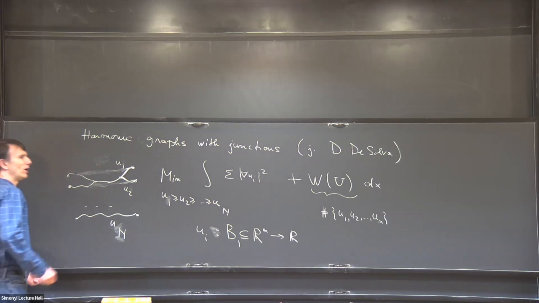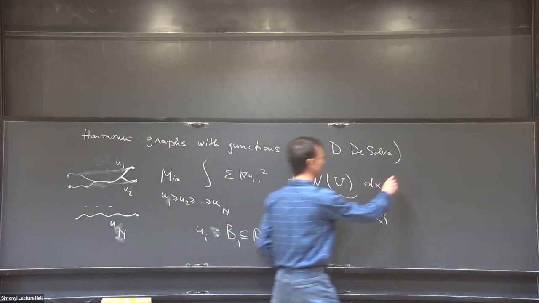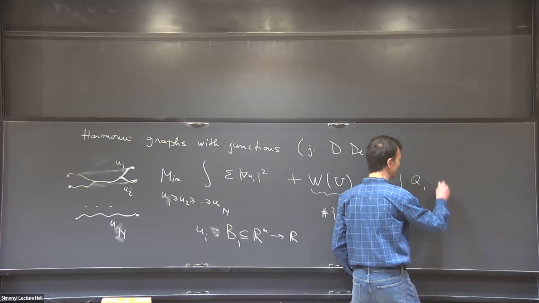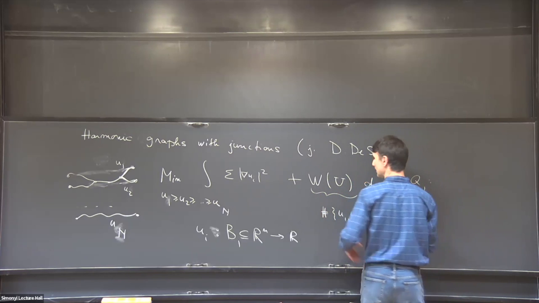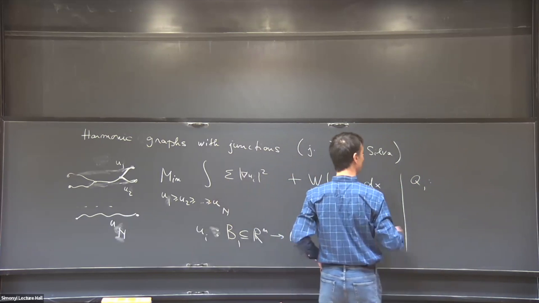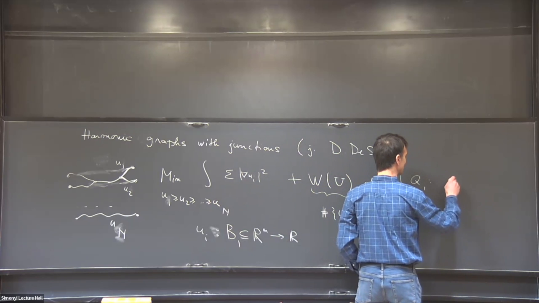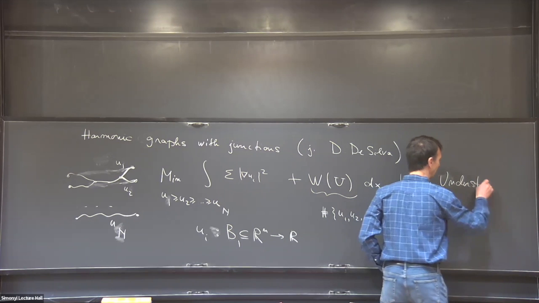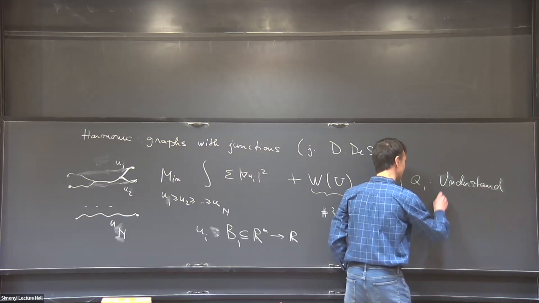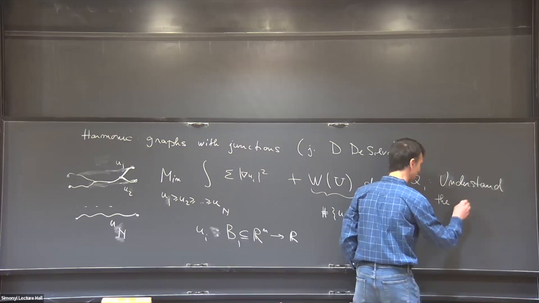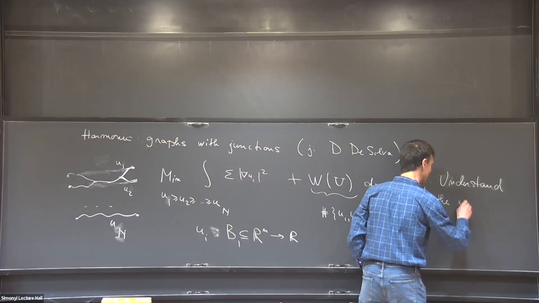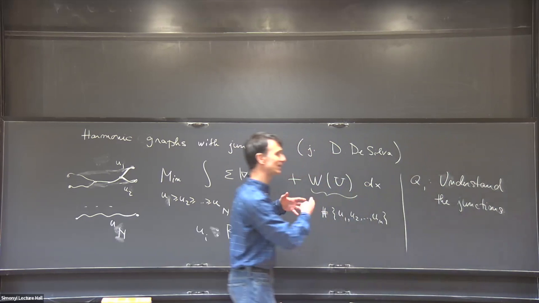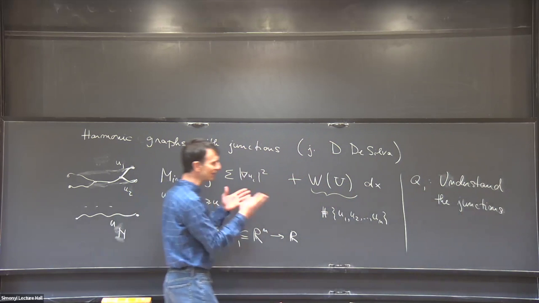There are two questions that I'm interested in. Question 1 for this particular model would be to understand the junctions, to understand the regularity of the functions, exactly what happens when the membranes coincide.